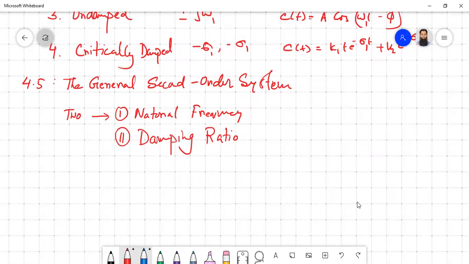So what do you have to do? You have to use these to describe the characteristic of the second order transient response. This will help us to characterize the second order transient response. You can use S or Z, whatever you like.